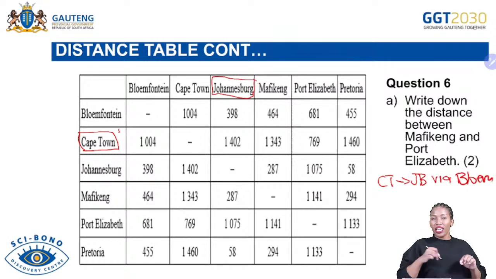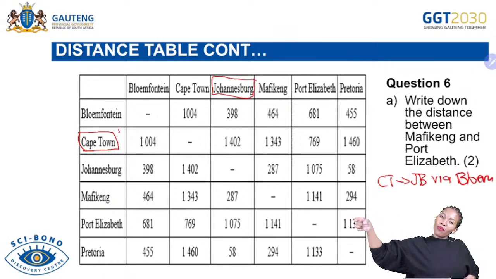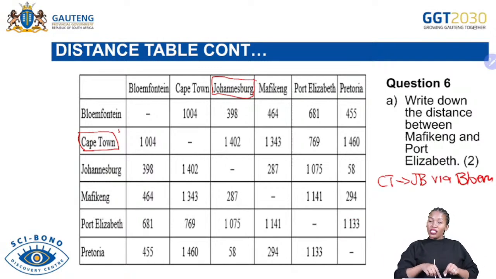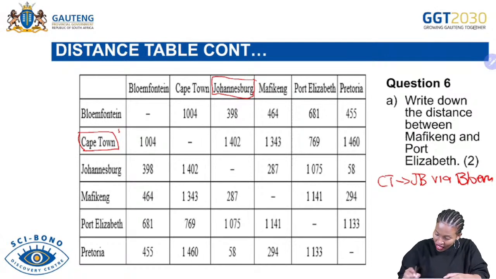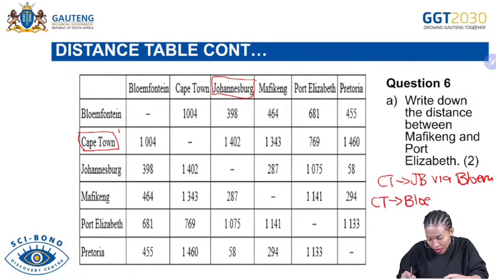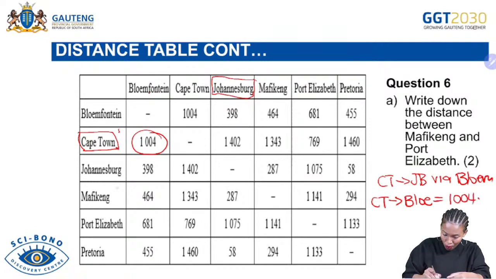It means from Cape Town to Johannesburg, you must first pass through where? Bloemfontein. Via means you pass. So you are going to start by saying, okay, from Cape Town to Bloemfontein, what is the distance? It is 1,004. And then from Bloem, you travel to Johannesburg.